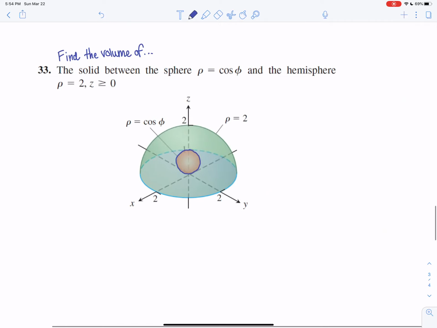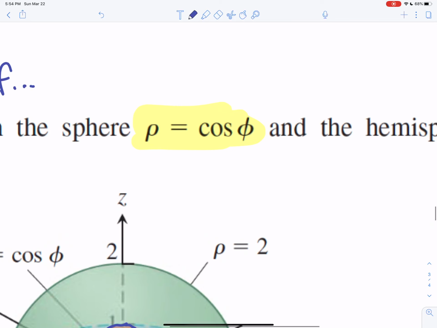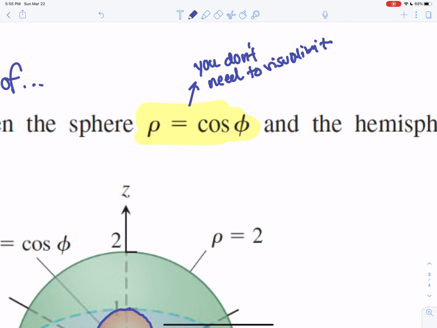And it's really helpful because it's giving you a picture. I don't think you would be expected to know what that shape looks like, right? So you don't need to know this. So you don't need to visualize it. That's why a picture was given.